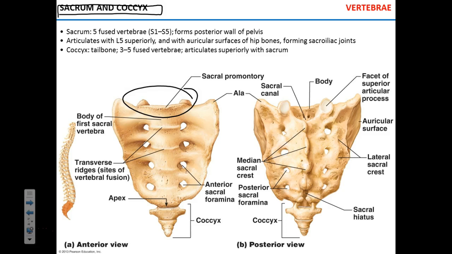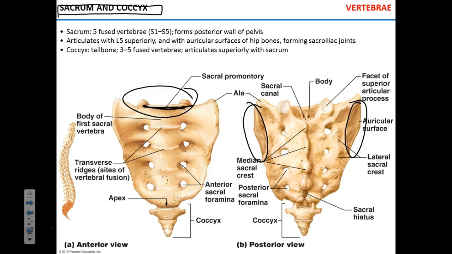Superiorly, on the sacral promontory, it articulates with the 5th lumbar vertebra. These surfaces, the auricular surfaces of the sacrum, articulate with the hip bone. This joint is called the sacroiliac joint. Sacroiliac. This part of the pelvis is called iliac.